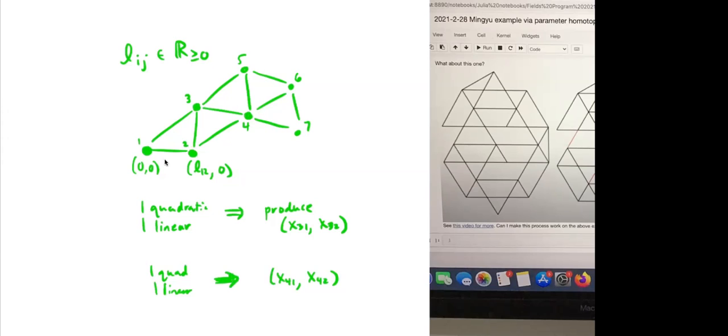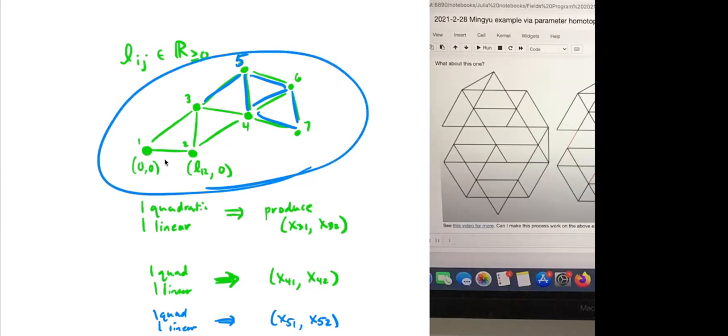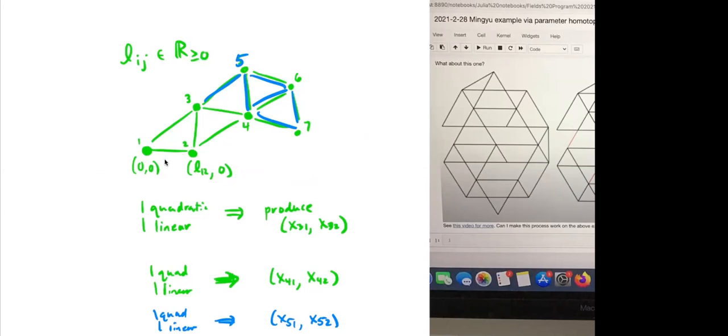And because at each stage we are just adding one more triangle, now we can produce the coordinates of vertex 5 by solving one quadratic, one linear. And we just keep moving, get vertex 6, get vertex 7. And so you can see that if our graph has this very simple structure, then we can very quickly find a realization.